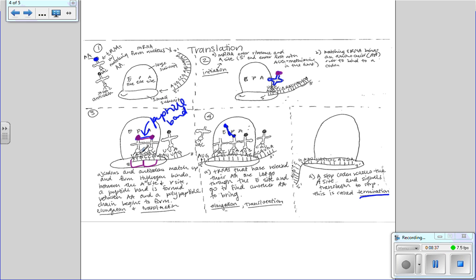Okay? Because it's already connected to the other one, the tRNAs don't need to hold on to the amino acid anymore. So you can see in picture number 4 that the tRNAs, once they move from the P site to the E site, actually release their amino acid to stay part of the chain.